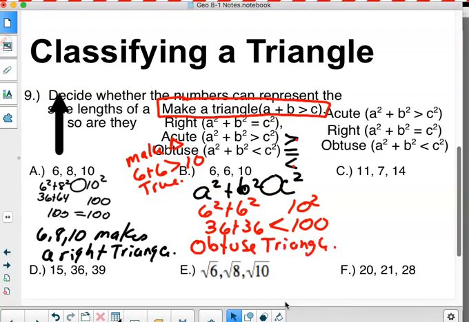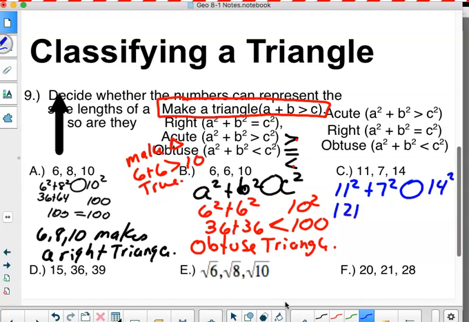Okay, you guys try the next one, 11, 7, and 14. Turn me off and give it a try. So I got 11 squared plus 7 squared, and I'm wondering, what goes in there? And I got 14 squared. I got 121 plus 49 and 196. Remember that's 14 squared, and 121 and 49 is 170. 170, 196.